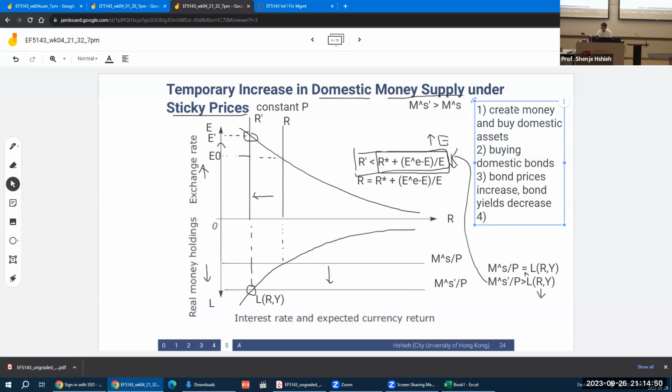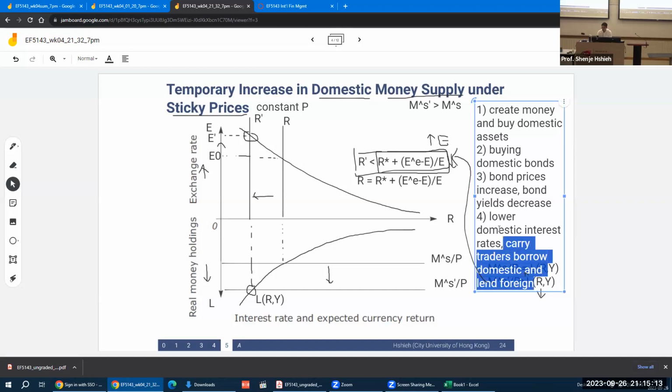That's why you have lower interest rates. But with lower interest rates, carry traders borrow domestic and lend foreign.